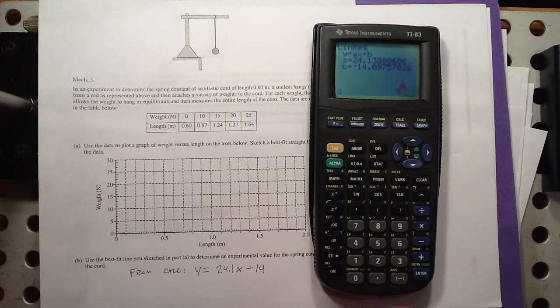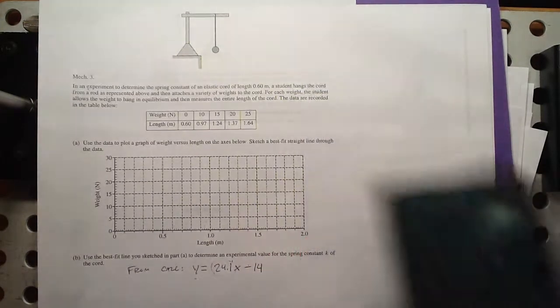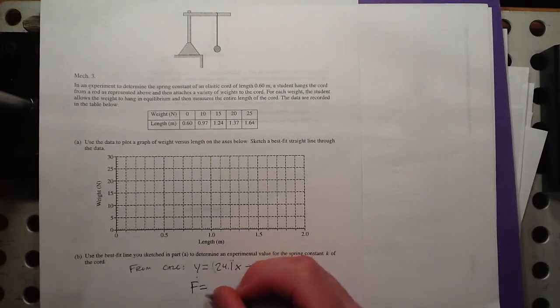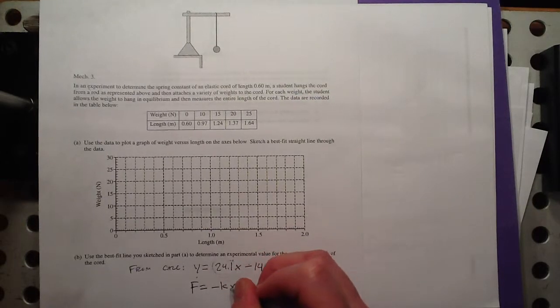Maybe we call that 24. And we're looking for, this is force equals kx, so this is the spring constant, right? We need to recognize that this is force equals negative kx.